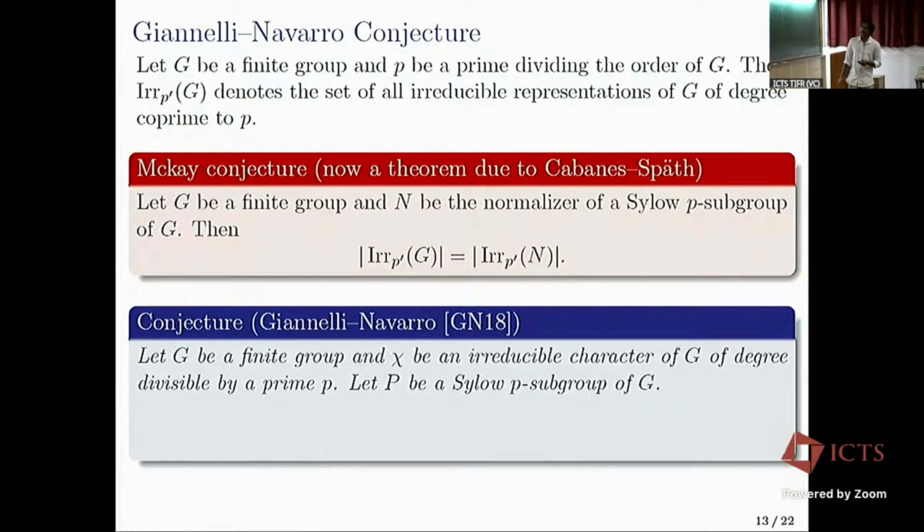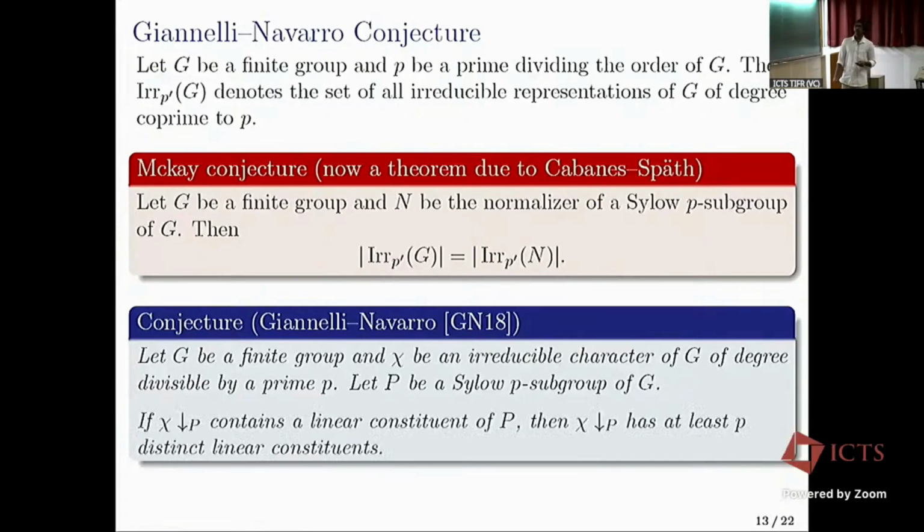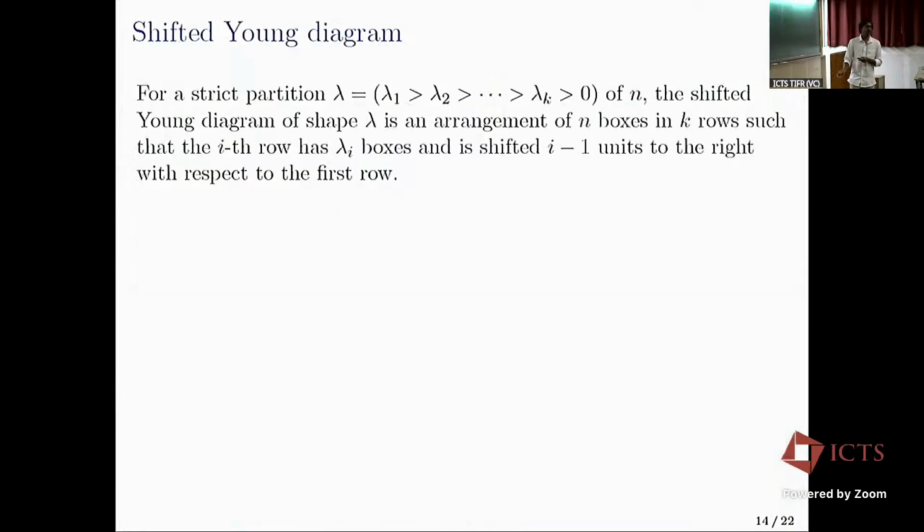So the conjecture states that if you have an irreducible character whose degree is divisible by P, and assume that the restriction of the irreducible character to the Sylow P subgroup contains a linear character, a one-dimensional character, then in fact it contains at least P distinct linear characters of P. We proved this conjecture for our double covers, which is essentially a byproduct of our main theorem, which is not easy to see, but the construction maybe gives you the proof.